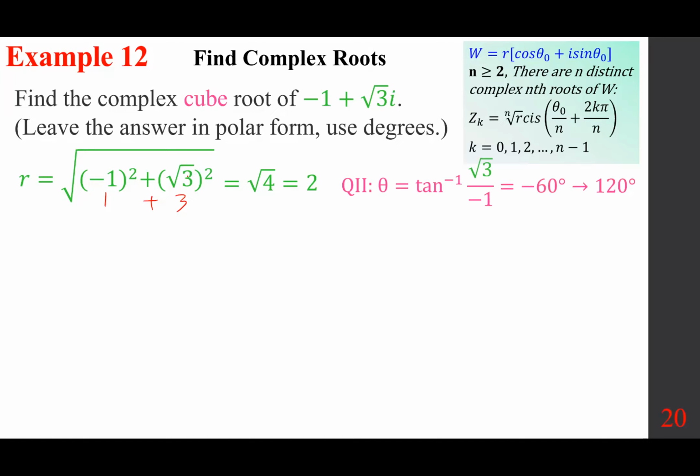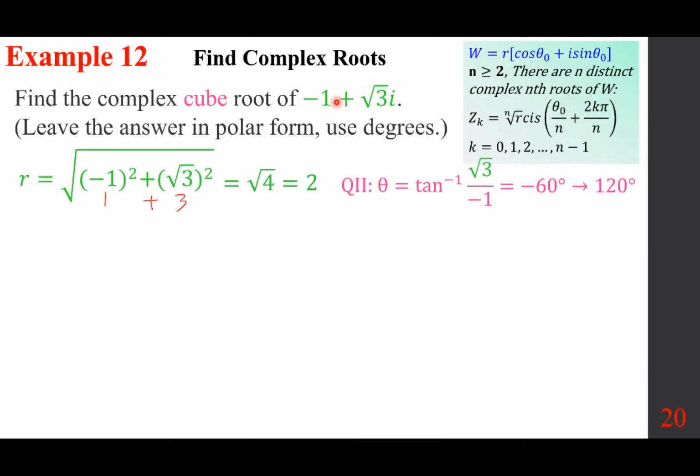However, the reason it's 120 degrees, because remember, tangent is negative in the fourth quadrant and the second quadrant. And the reason we are looking for the second quadrant, because let's go back to this one. This says the x is negative, the y is positive.